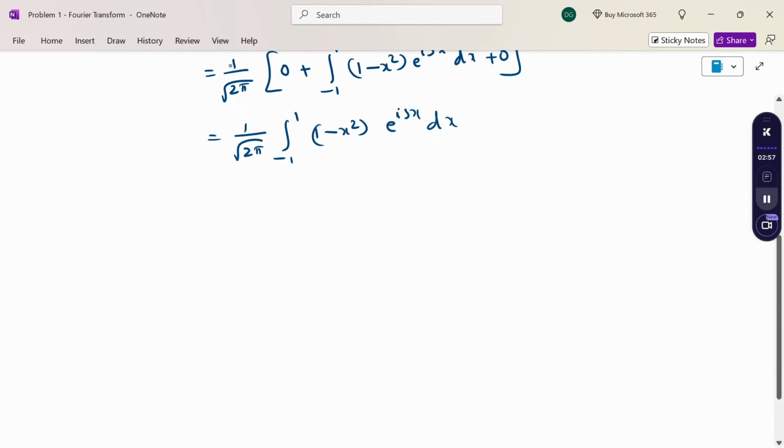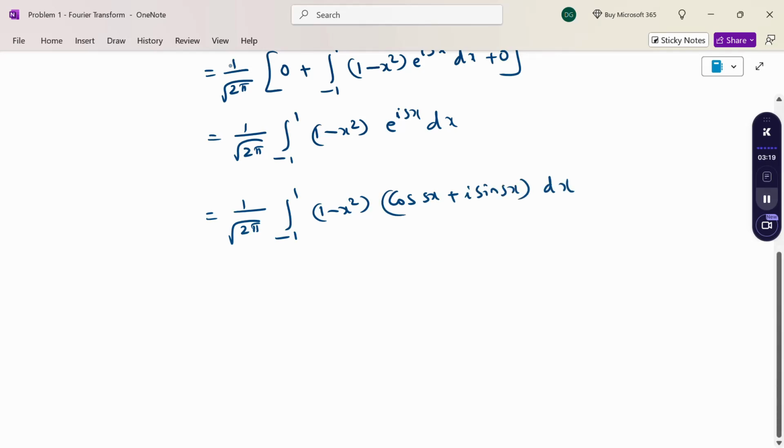Now, to expand this term, how do we expand e power isx? So 1 by square root of 2 pi, integral minus 1 to 1 of 1 minus x square, expand e power isx as cos sx plus i sin sx, into dx.